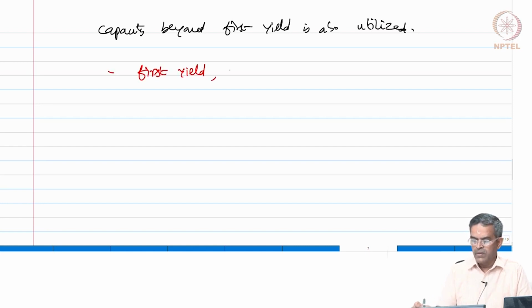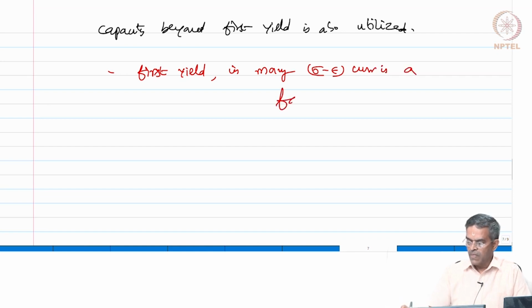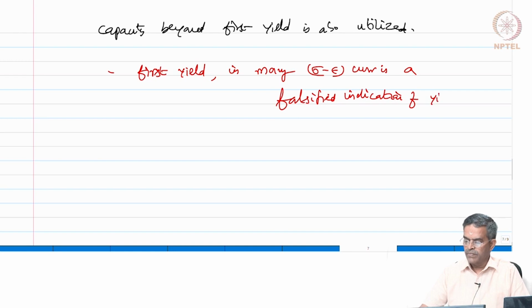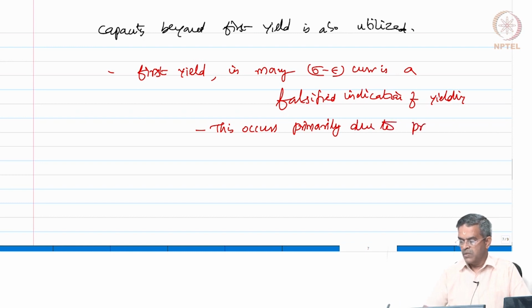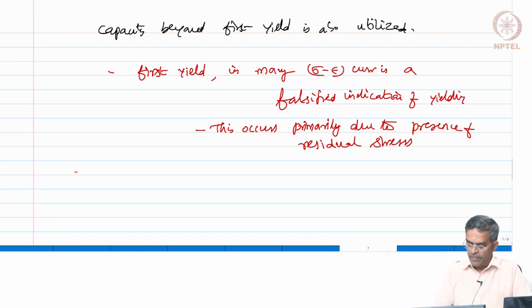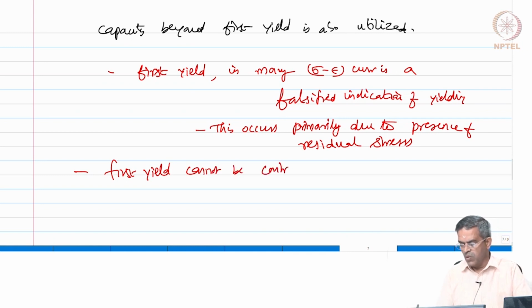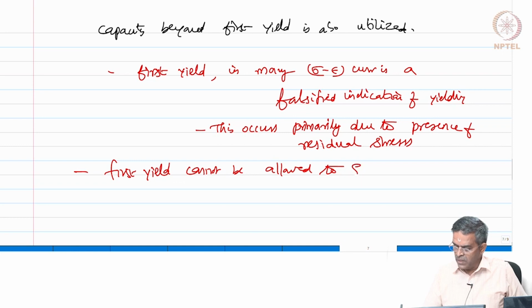First yield in many stress strain curves is a falsified indication of yielding. This occurs primarily due to the presence of residual stresses. So, therefore, first yield cannot be controlled or cannot be allowed to govern the design. That is the first argument we have.